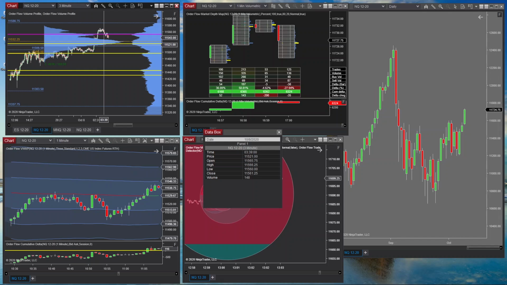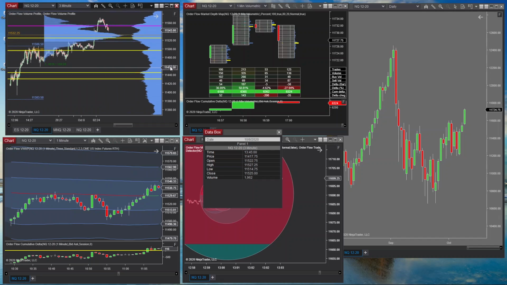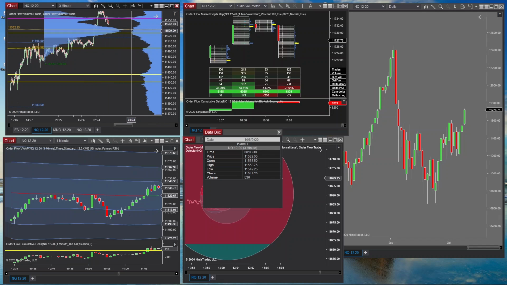Maybe you can learn to use both to confirm your trades. So if you see heavily traded areas, and those are your areas of support and resistance, and that coincides with the market profile area of single prints, then you could use that to maybe confirm your trade short or your trade long. That's how I would try to use both.